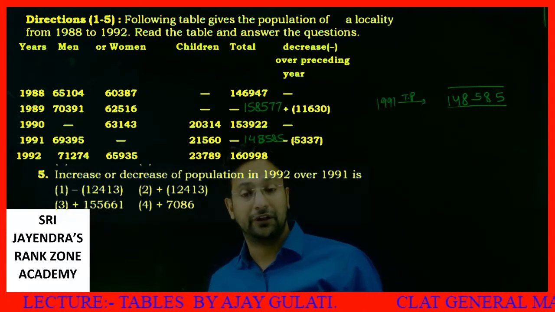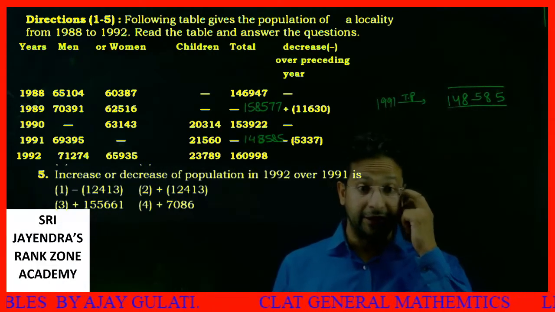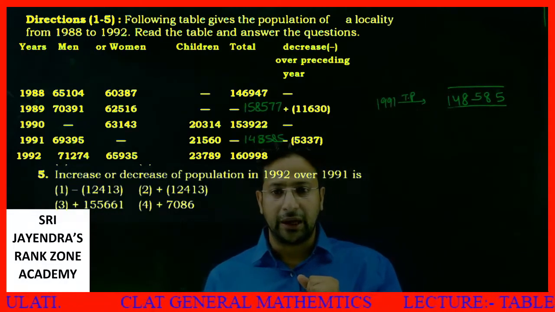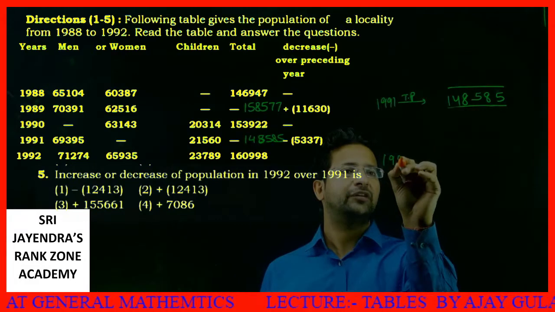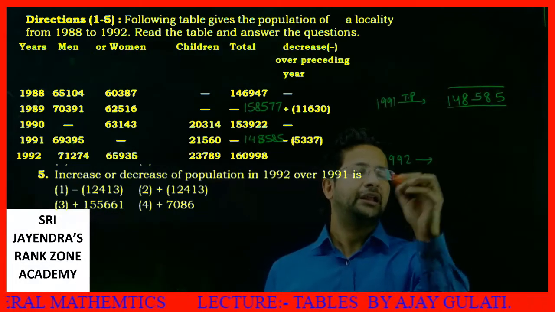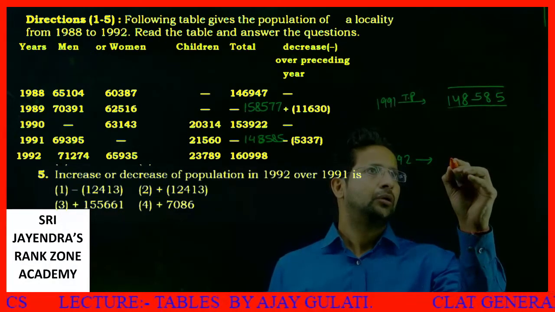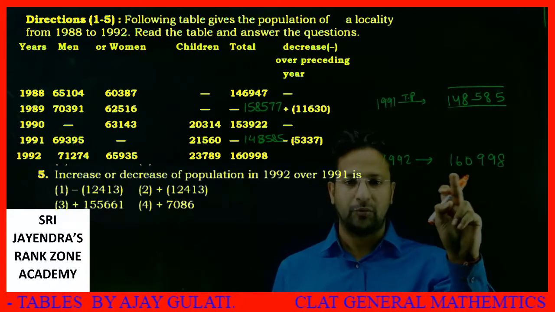We have to tell whether from 1991 to 1992 there is an increase. This is 1991. Okay, and what about 1992? See, 1992, how much population do we have? The total population given to us is 160998. This is the population in 1992.